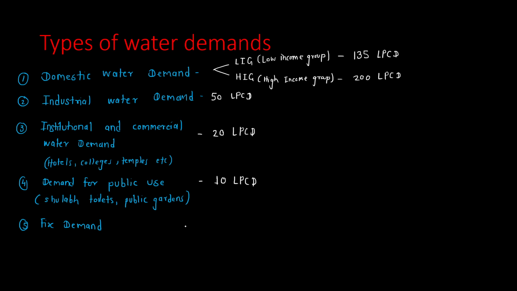So these are the values that you have to learn. You have to memorize these; there is no other way to remember them. Now for fire demand, the value is not directly given, but certain formulas are given, called empirical formulas.